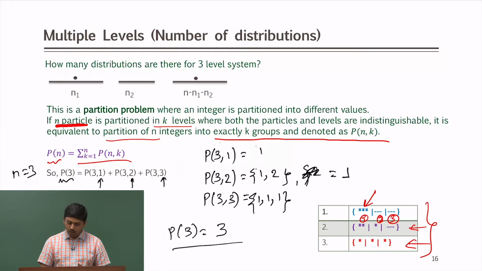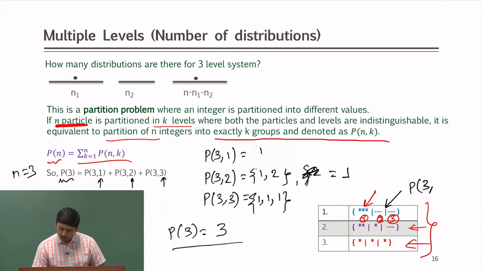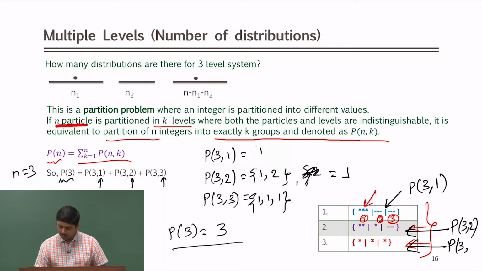So, I am partitioning my 3 into 3 different possibilities, and it is denoted here. This distribution is nothing but p(3,1), I am breaking into only one part. This is nothing but p(3,2), I am breaking into 2 parts, and this is nothing but p(3,3). So, first I will give an example and then we will write. We have seen that if I want to partition my 3 into different labels, I can partition into only one group, which is 3.